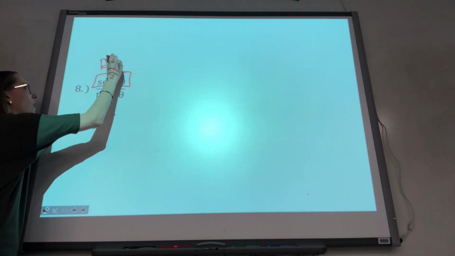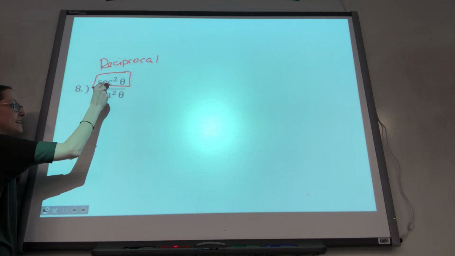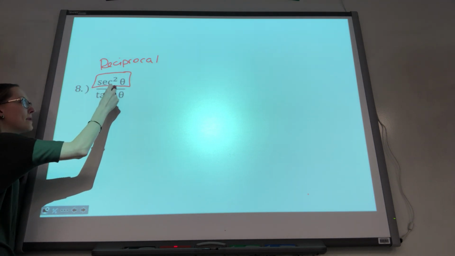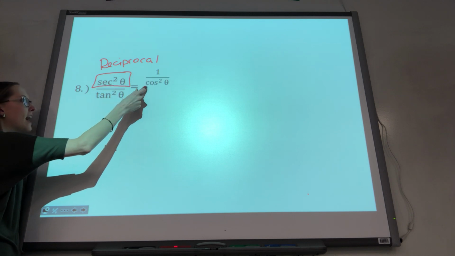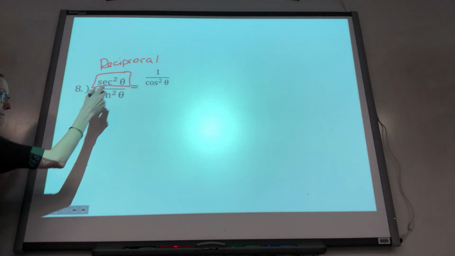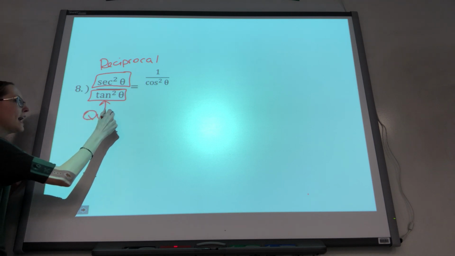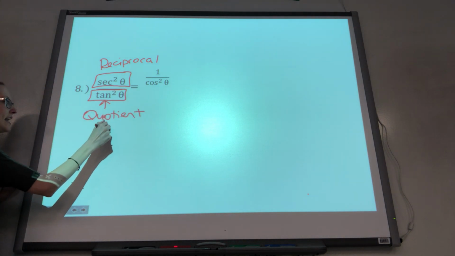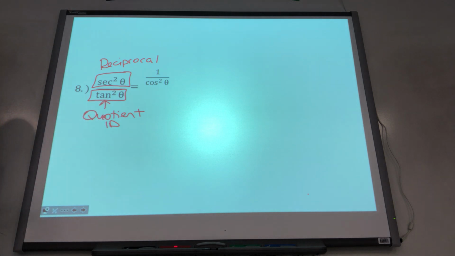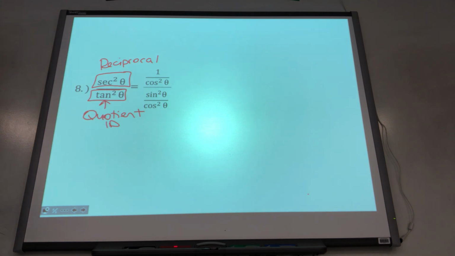If you think about your reciprocal identities with that part on top, secant squared of theta could equal 1 over cosine squared of theta. Now, why am I going with this? Because if I look on bottom, using a quotient identity, I could rewrite tangent squared as sine squared over cosine squared.